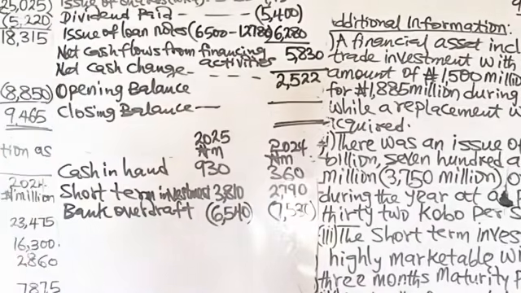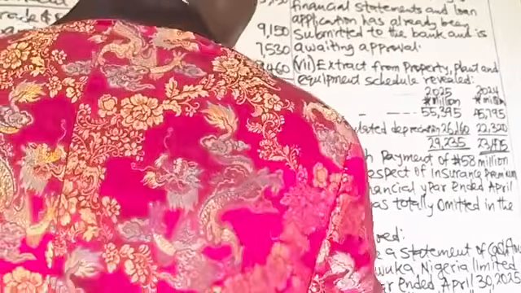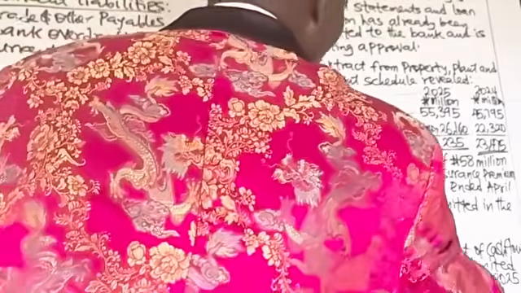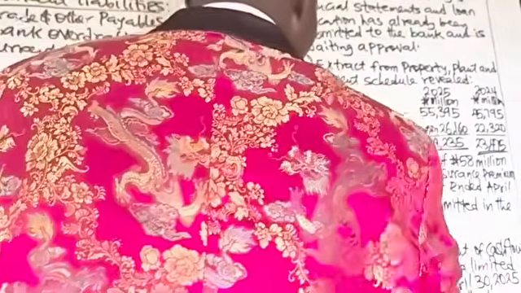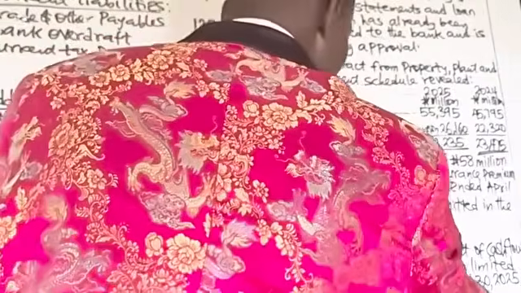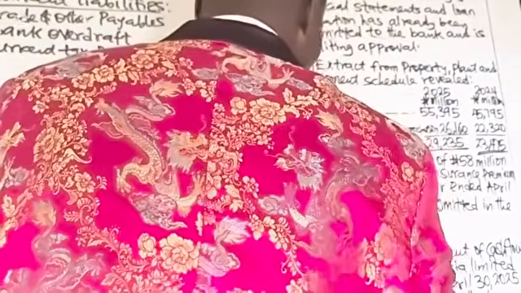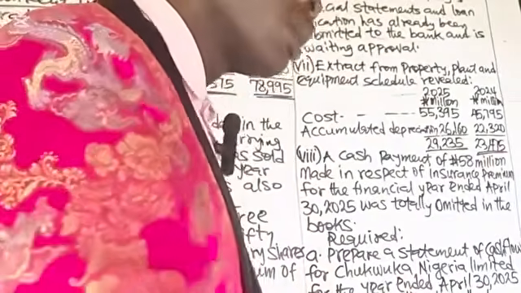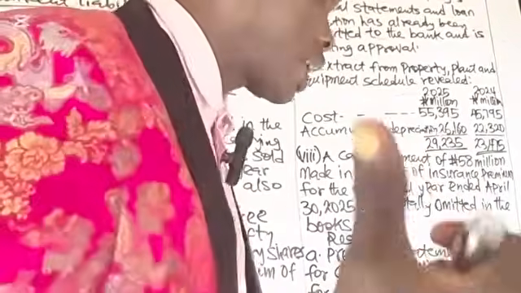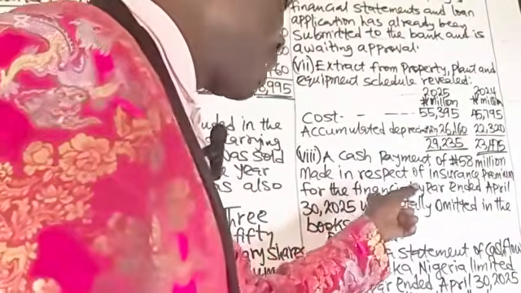Then back to the note. Note 8. A cash payment of 58 million made in respect of insurance premium for the financial year ended April 30, 2025 was totally omitted in the books. I've told you, upon the payment of insurance premium, cash goes out. So you credit cash, you debit the insurance expenses.